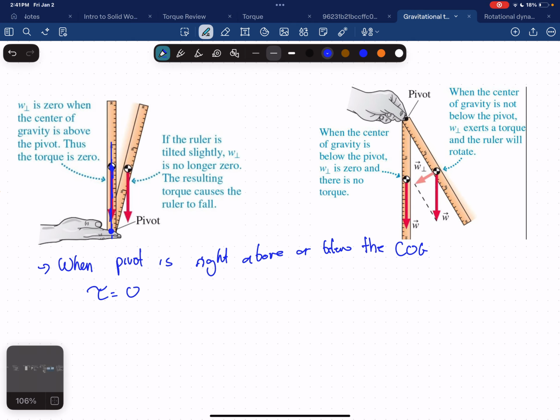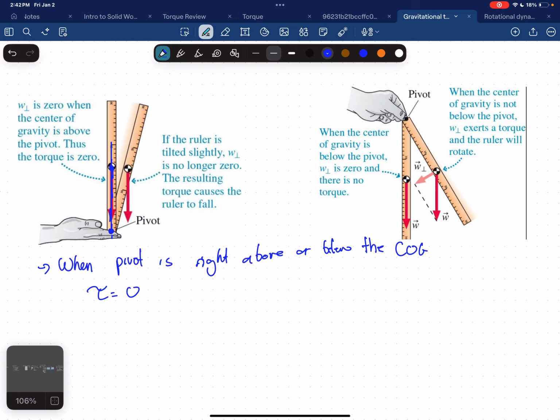If the starting position is of an object that's, so to say, dangling, like this pivot here, and is in free fall, it will come to rest when the gravitational torque is right below the pivot point.